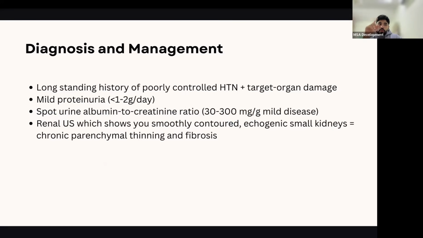And you'll also do a renal ultrasound, which is going to show you a small kidney. Now, it's usually unusual, when it comes to chronic kidney diseases, to have small kidneys, but in hypertensive nephropathy, because they will undergo ischemia and tubular atrophy, this is basically what's going to happen.